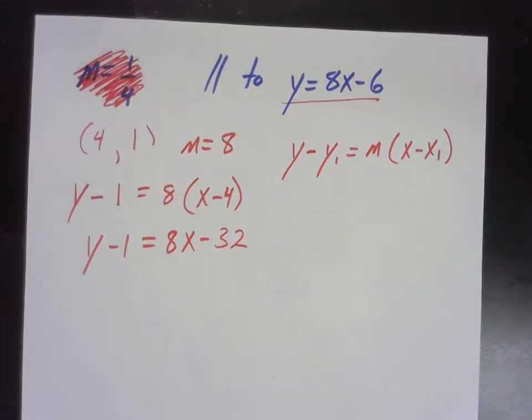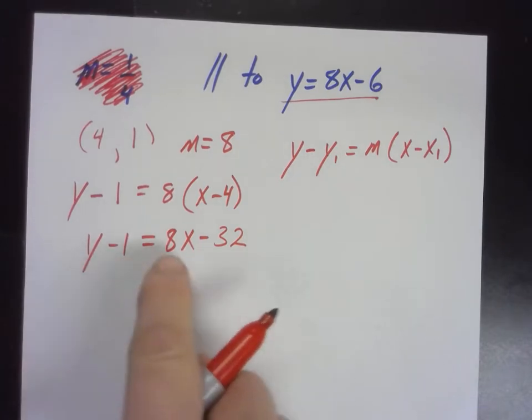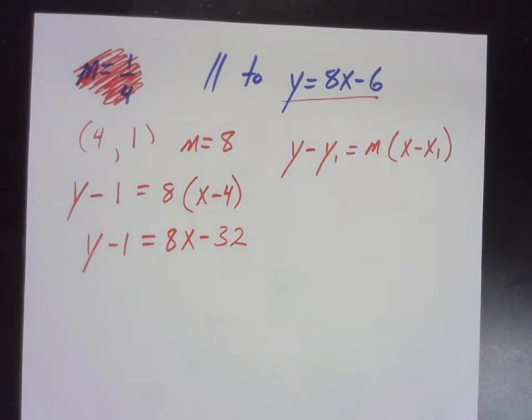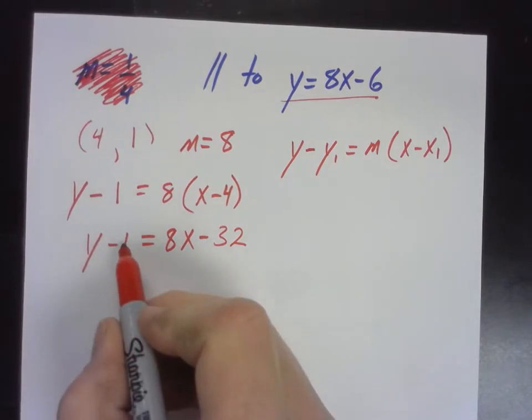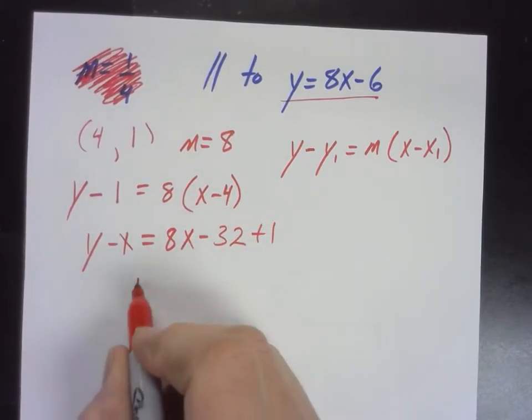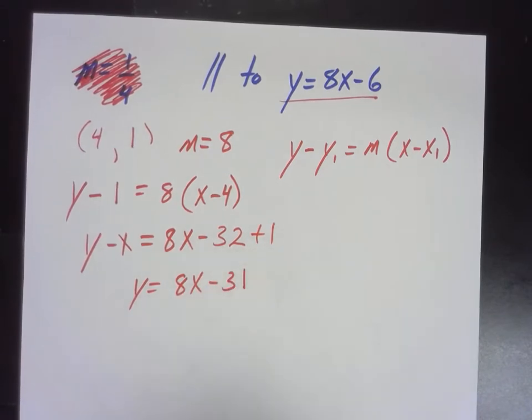And then we're going to add like terms. And then if we're solving for y, if we have y's on both sides of the equal sign, we're always going to get rid of one of them. We don't want y's on both sides of the equal sign. And then we don't want any constants with the y, so we just want the y by its lonesome, so we're just going to add 1 to both sides. And there you have it. There's the line that we're looking for.